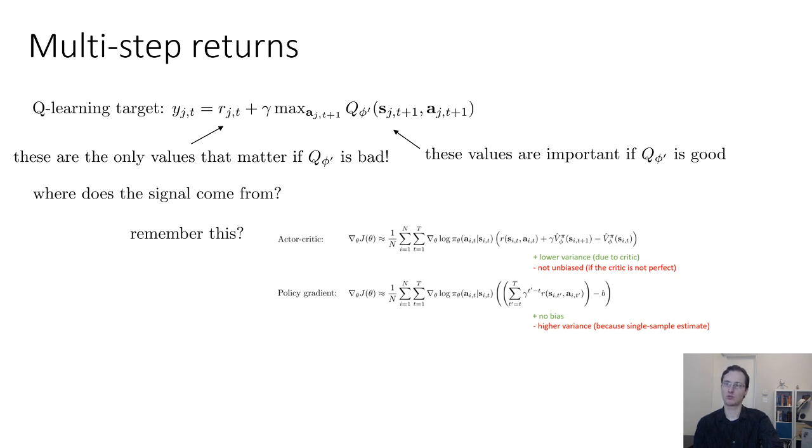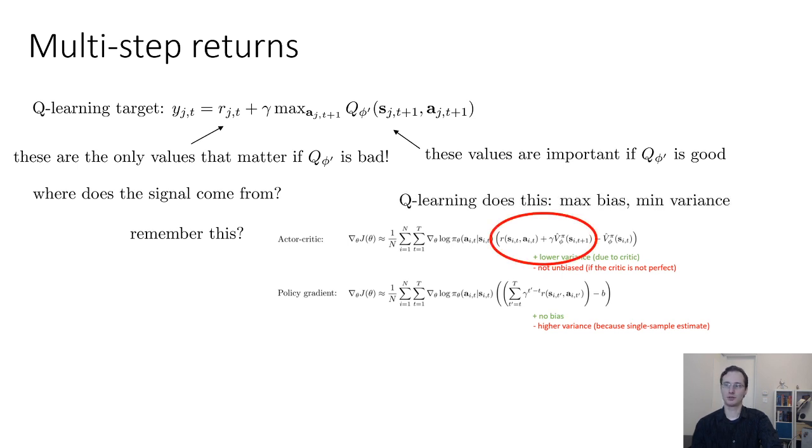If the Q function is wrong, then your target values are really messed up, and you're not going to be making much learning progress. The alternative that we had in the actor-critic lecture is to use a Monte Carlo sum of rewards, because the rewards are always the truth, they're just higher variance because they represent a single sample estimate. We can use the same basic idea in Q-learning.